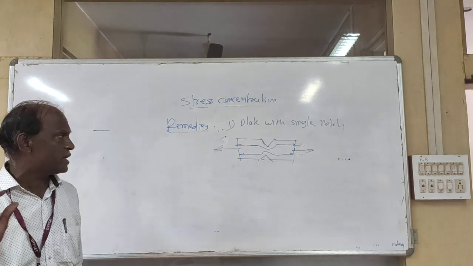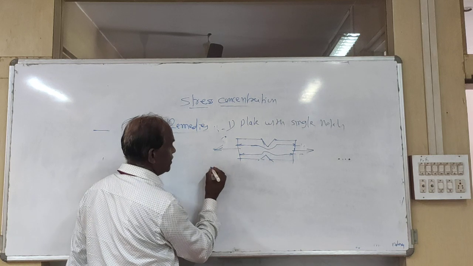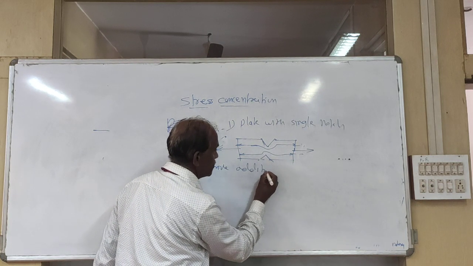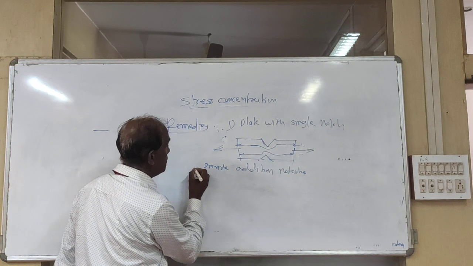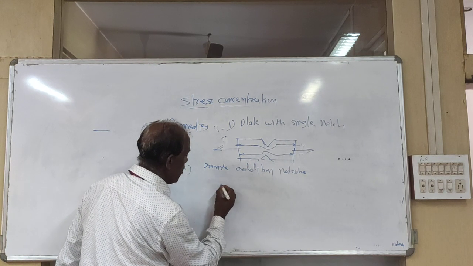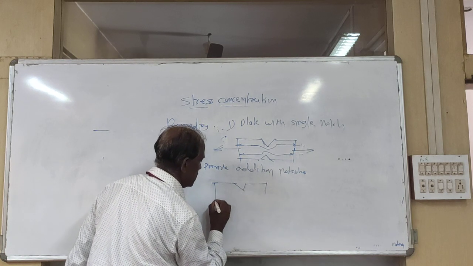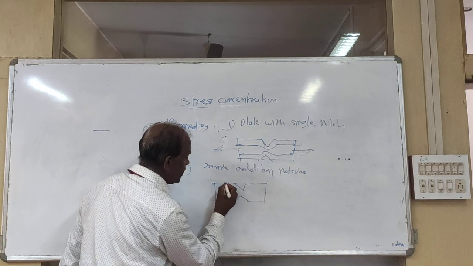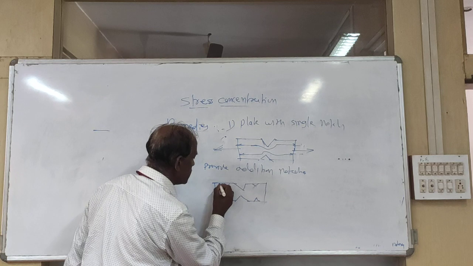To reduce it to some extent, what do they do? Provide additional notches on the same side, like this. So provide small additional notches on the other side.